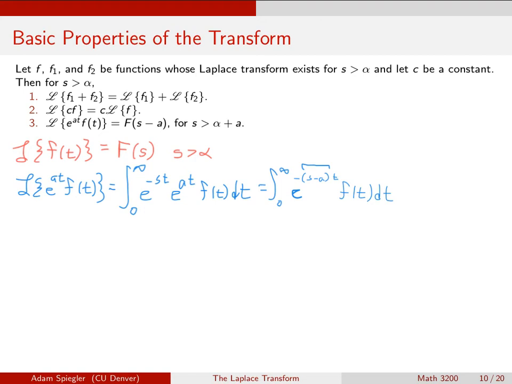So I'm going to do a substitution here. Let w equal s minus a. Well, then what would happen to this integral is it doesn't affect our limits of the integral because those are with respect to the variable t.